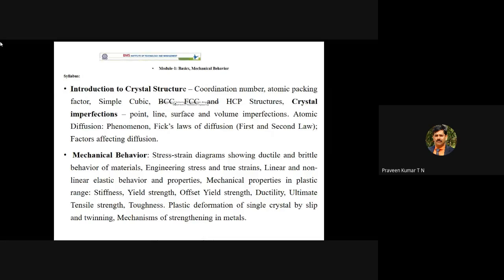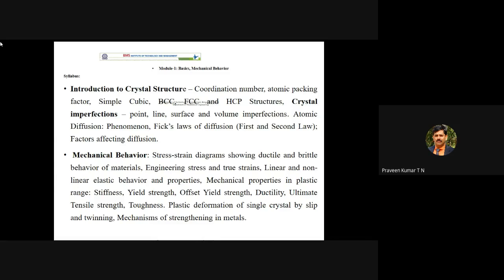But there is a practical difficulty in finding the change in cross-section area or change in length, because once your specimen is mounted in the tensile testing machine, it is very difficult to measure how the diameter changes. Diameter changes continuously. We require some sophisticated instrument to measure change in dimension.